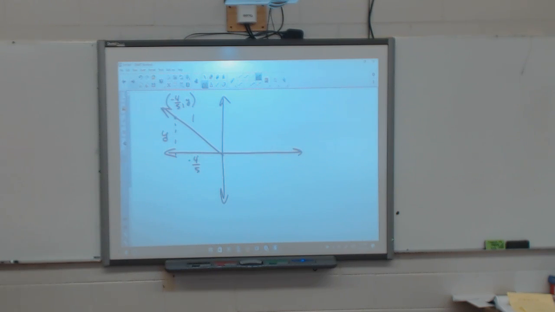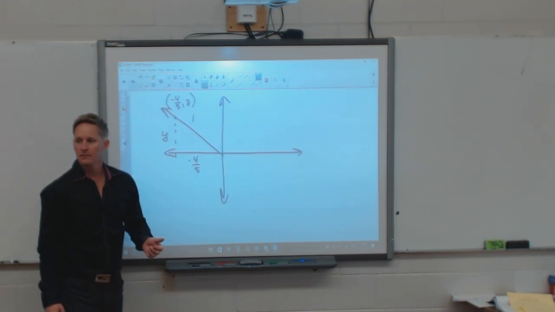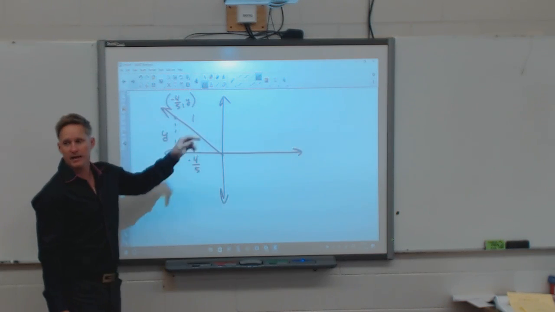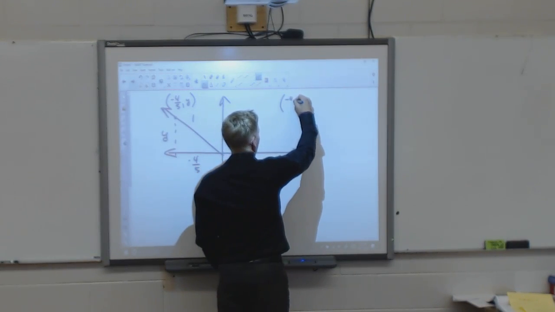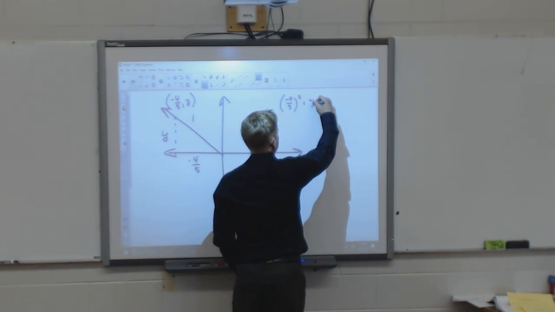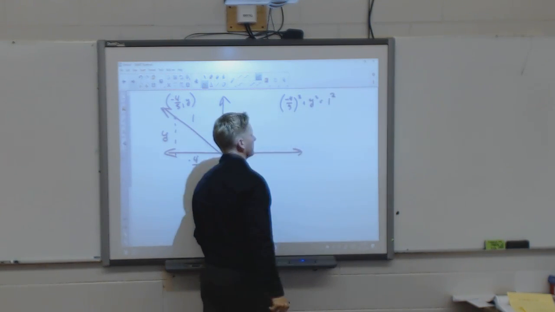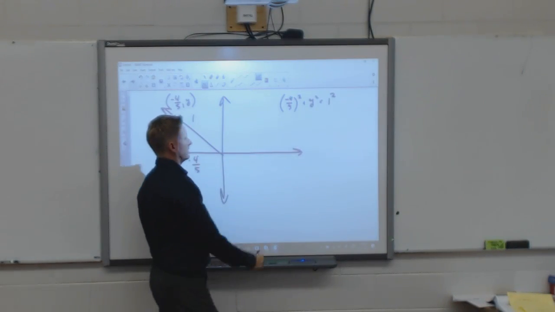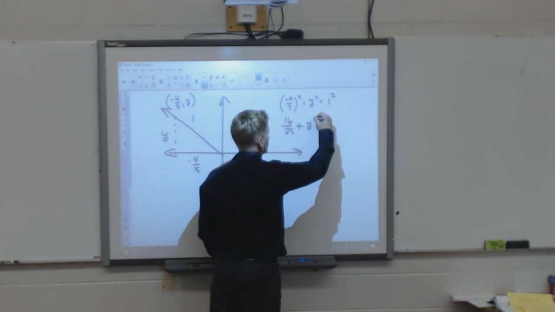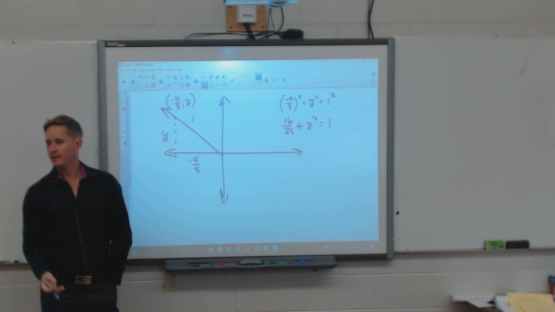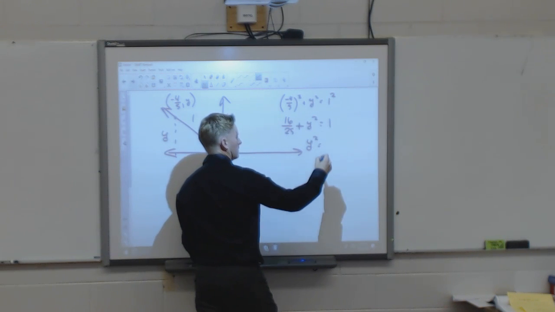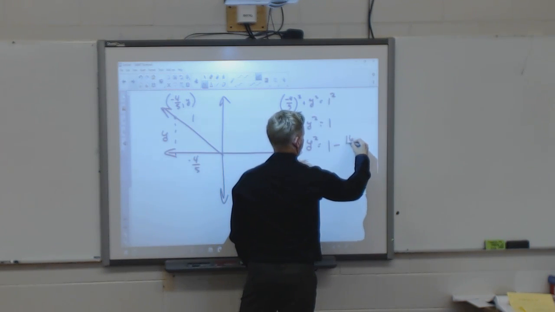So now if I use Pythagoras' theorem, that squared plus that squared equals that squared. Agreed? So I have minus 4 over 5 squared plus y squared is equal to 1 squared. 16 over 25 plus y squared is equal to 1. Subtract that to the other side. Y squared is equal to 1 minus 16 over 25.